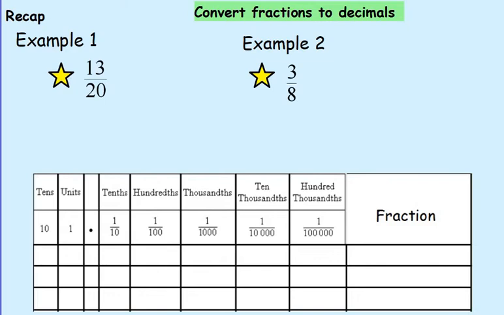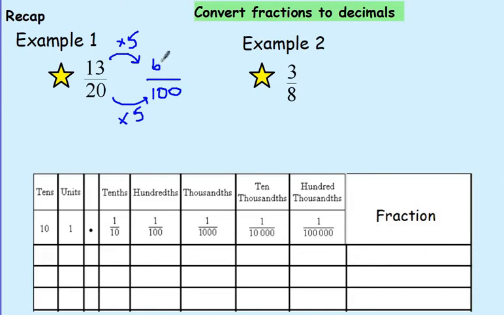Okay, Year 7, a quick recap of last lesson. We looked at converting fractions to decimals, and I said we needed to make the denominator of the fraction a power of 10. For 13 over 20, I'm going to make the denominator 100 by multiplying that bottom number by 5. I need to do the same to my top number. 13 times 5 gives me 65.